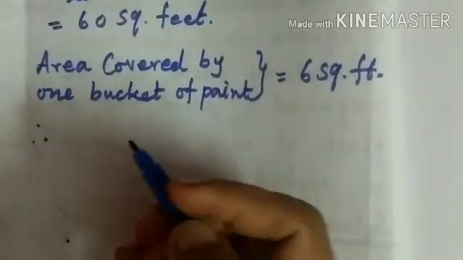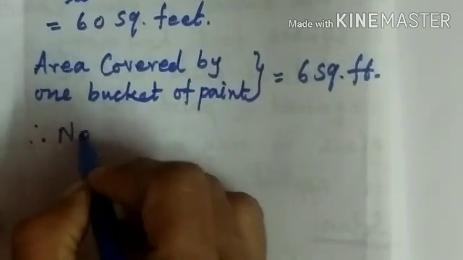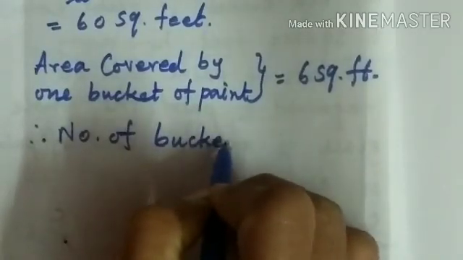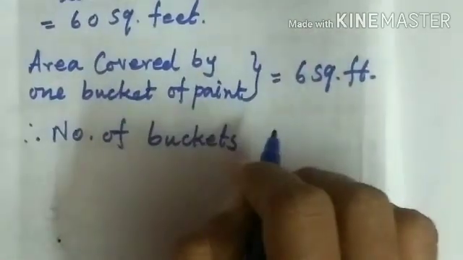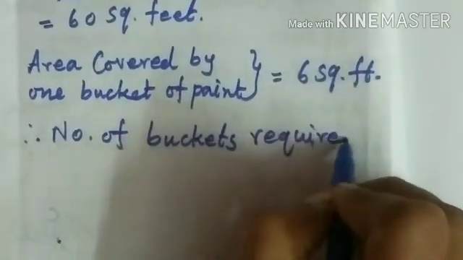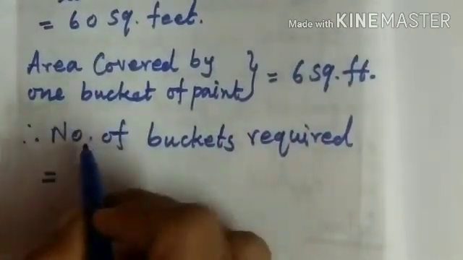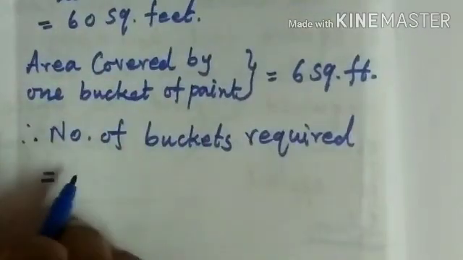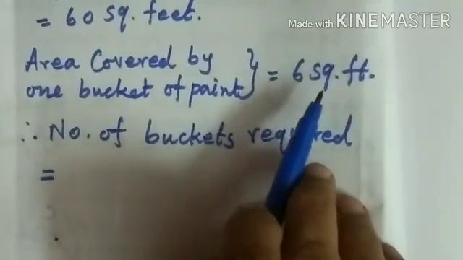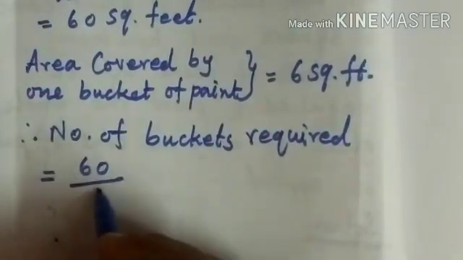Therefore, the number of buckets required is equal to the area of triangle ABC divided by the area covered by one bucket of paint, that is 60 by 6.